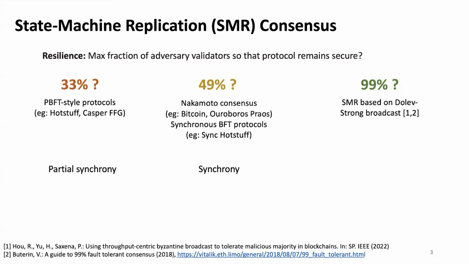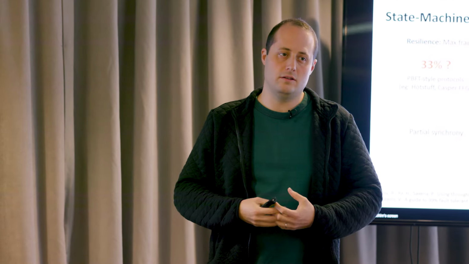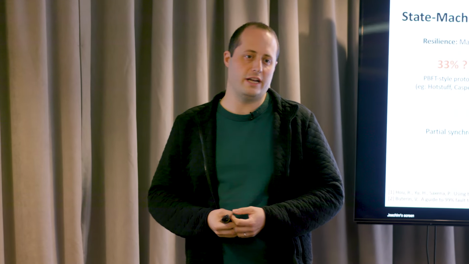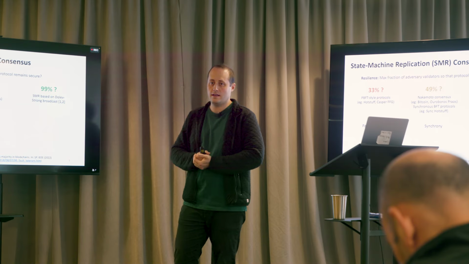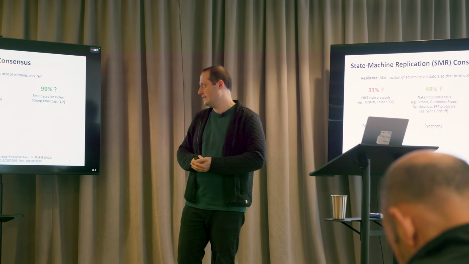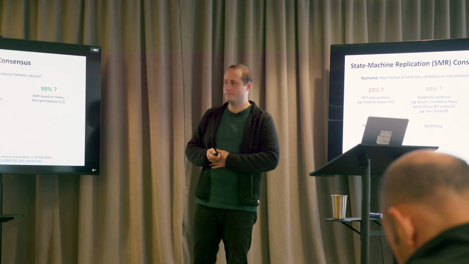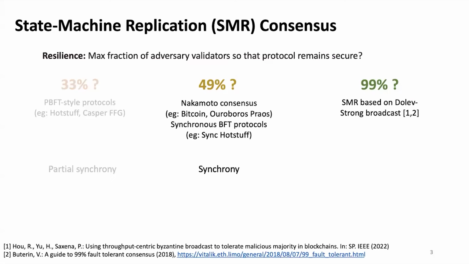The first protocols assume a partially synchronous network, meaning the network may have a hiccup sometimes and have very high network latency. The first category of protocols remain secure even in that setting, whereas the second category of protocols require synchrony. So the first category is out.